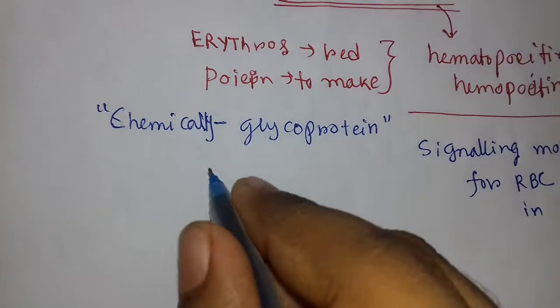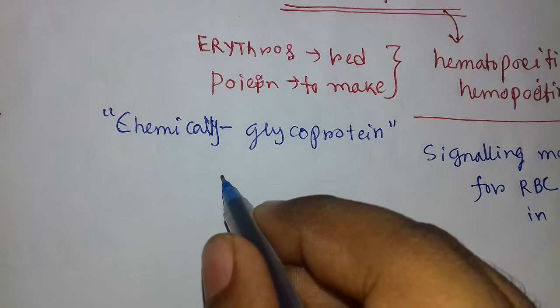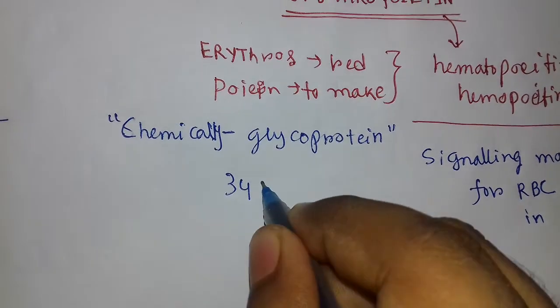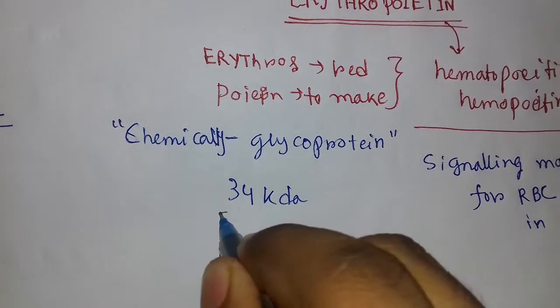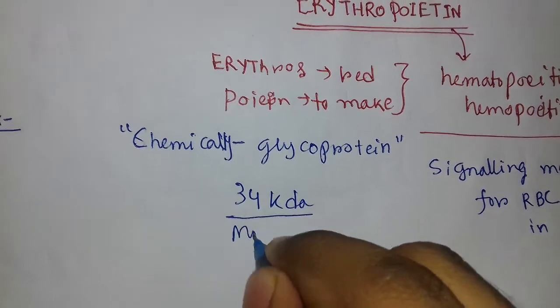A single erythropoietin molecule has 34 kilodalton of molecular weight.